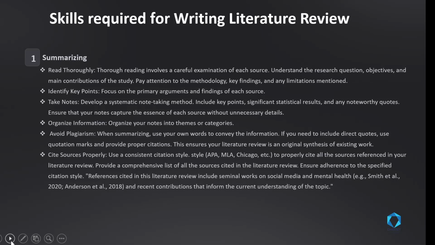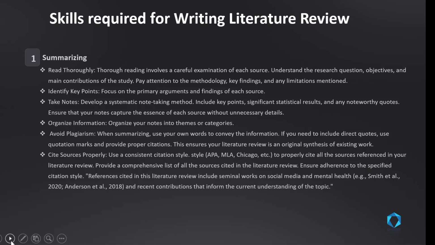AI can be used to help you get those journals, but don't use it to write your research papers, because today we have technology, we have systems that can detect AI-written research papers, and you will be disqualified in your studies. So I encourage students to use AI to help them search through the internet, get those journals, get those research papers that have been written in your area of study.